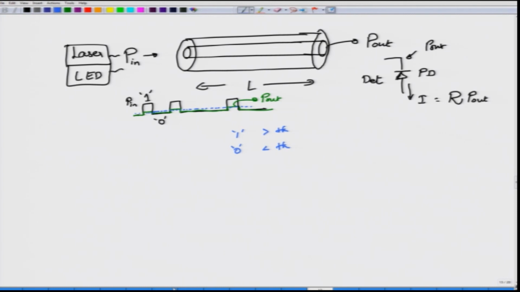In order to make this decision, you need to actually look at the minimum optical power that my photodetector can detect. If I send in optical power at say 20 picowatts, my photodetector may not respond.